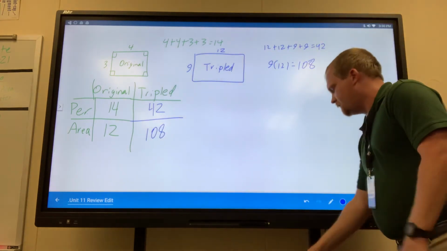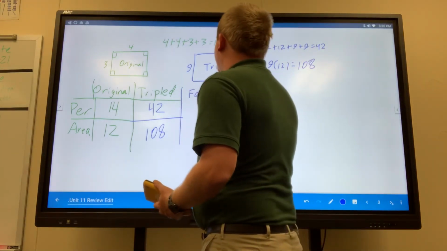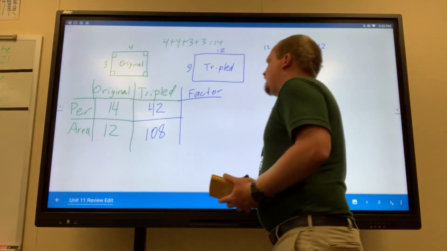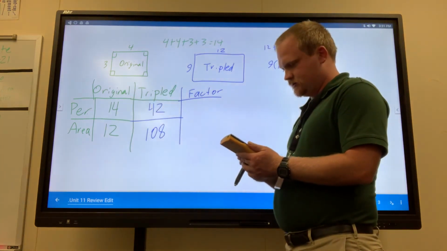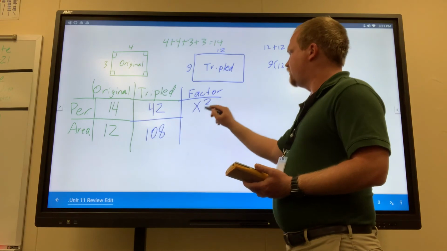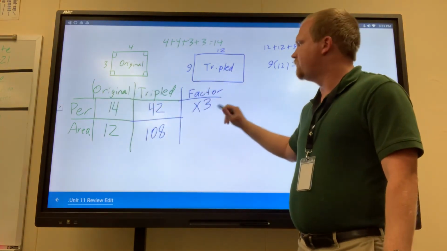Now if I want to find out the factor for it, I know that 3 times 14 is going to give me 42. So the perimeter changed by a factor of 3.